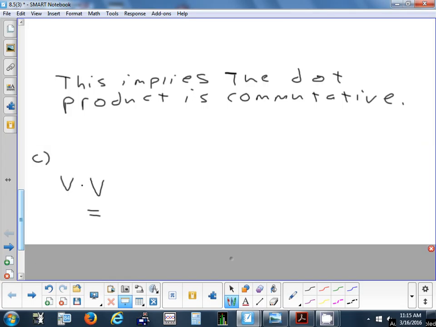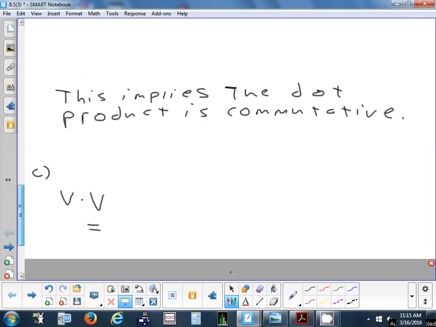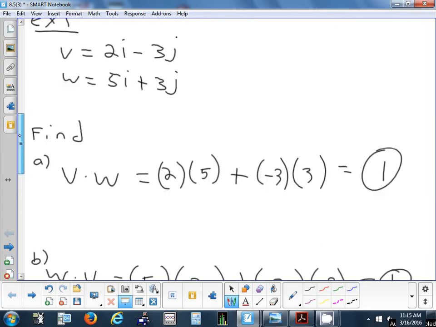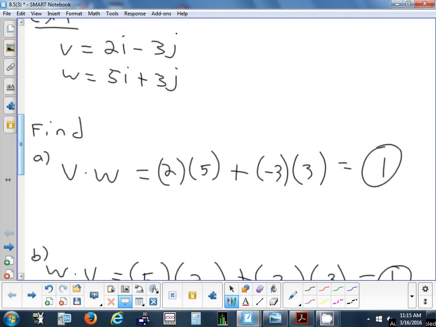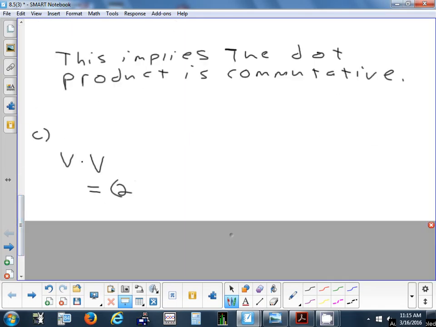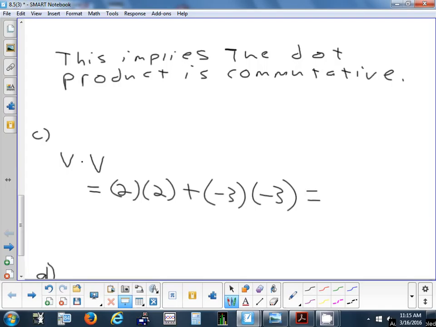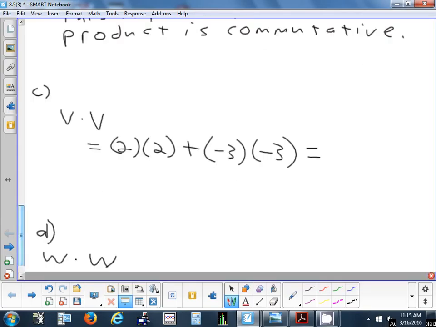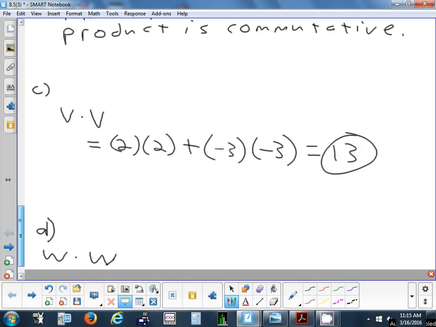Let's try v dot v. I'm going to scroll back up. How would I do v dotted with itself? 2 times 2 plus negative 3 times negative 3, and that would be 13. Let's try w dot w.